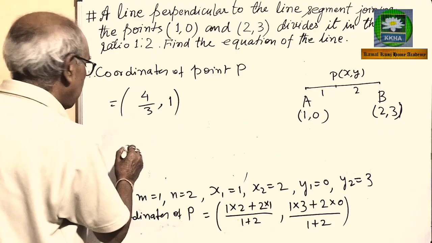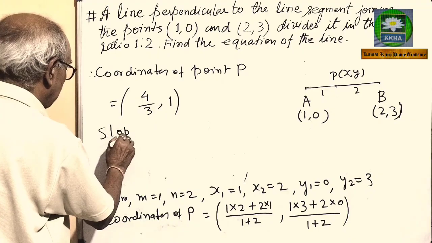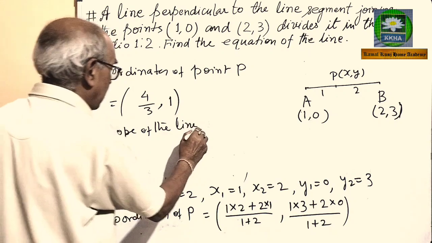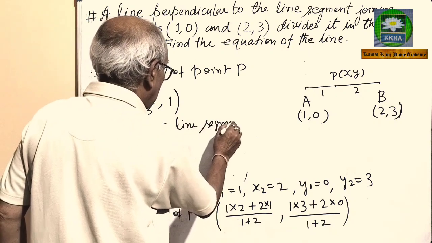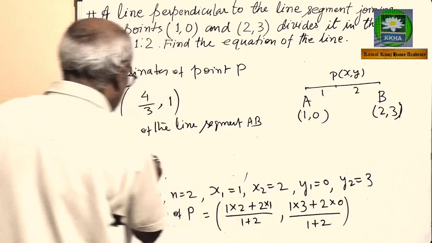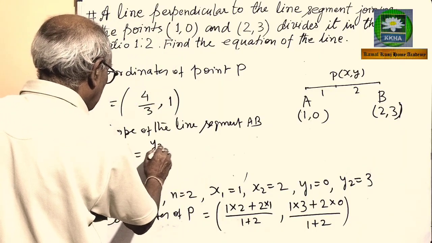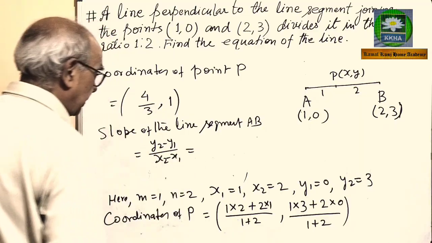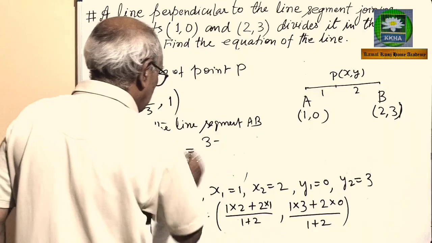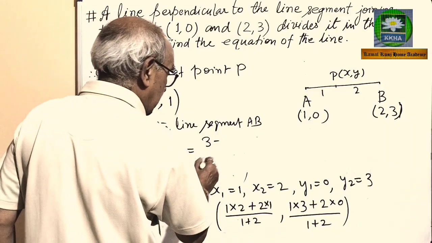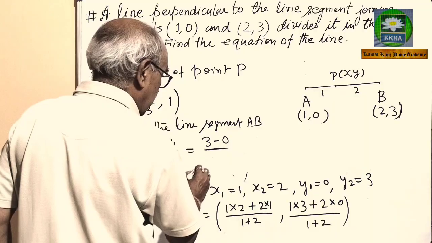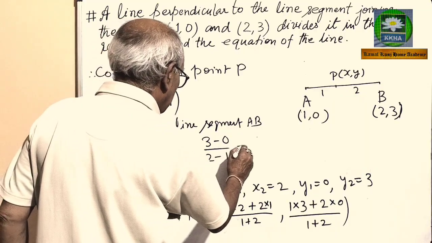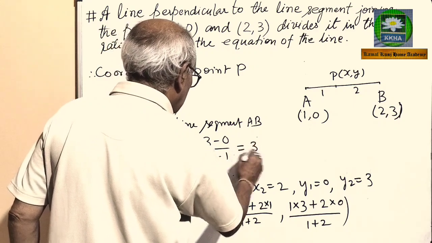Now the slope of the line AB is equal to y2 minus y1 upon x2 minus x1, which is equal to y2 is 3 minus y1 is 0, divided by x2 is 2 minus x1 is 1, which is equal to 3.